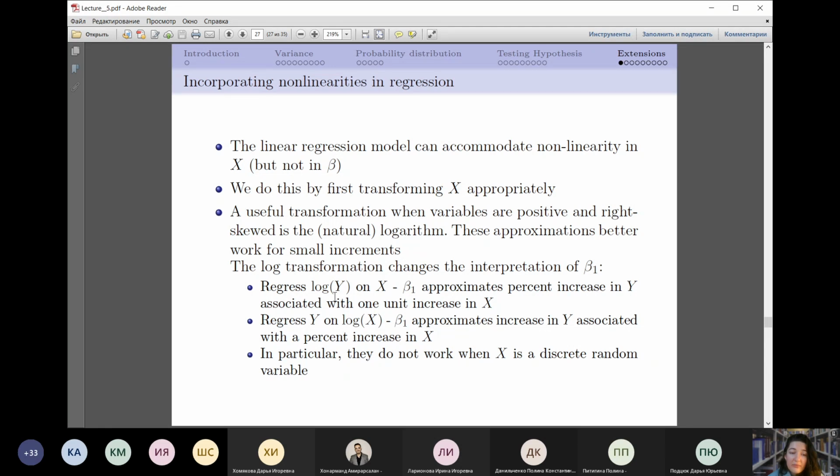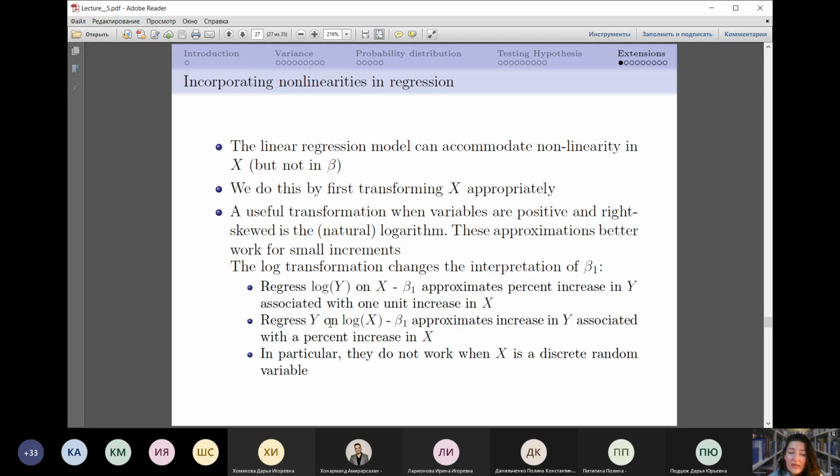We can, for example, use log transformation in several ways. We can regress a log-transformed dependent variable on x, and in this case our beta parameter approximates the % increase in the dependent variable associated with a 1 unit increase in x. Or we can regress our dependent variable, without any log transformation, on a log-transformed independent variable.